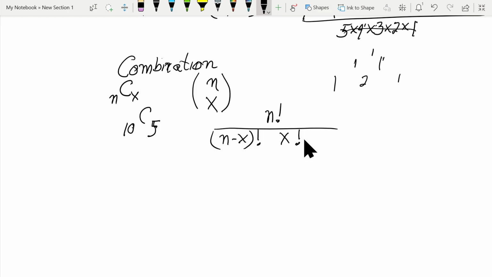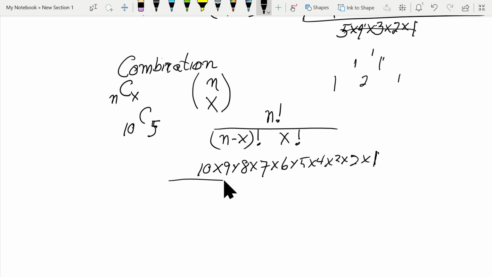Because if I have 10 combinations 5, I've got 10 times 9 times 8 times 7 times 6 times 5 times 4 times 3 times 2 times 1. Then this is divided by 5 factorial, which is 10 minus 5, right? That's 5 times 4 times 3 times 2 times 1.